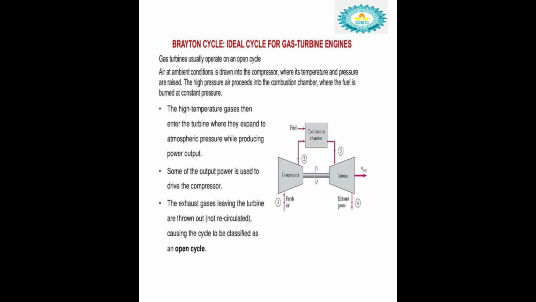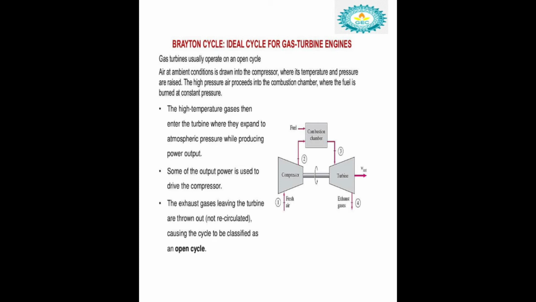Those hot gases hit the gas turbine, and this gas turbine gives the work output. In the gas turbine, the hot gas is adiabatically expanded, and after expansion, the hot gas is released into the atmosphere.